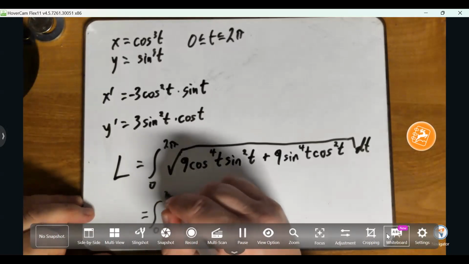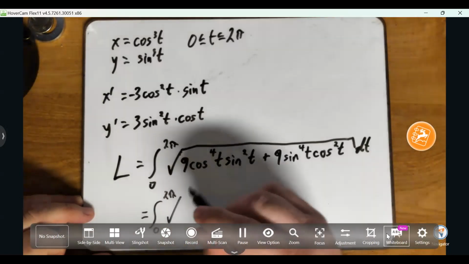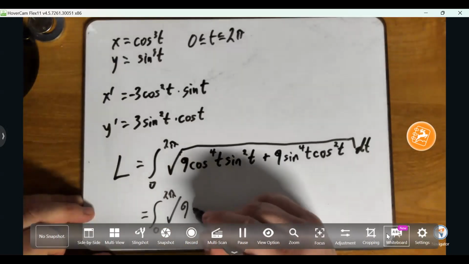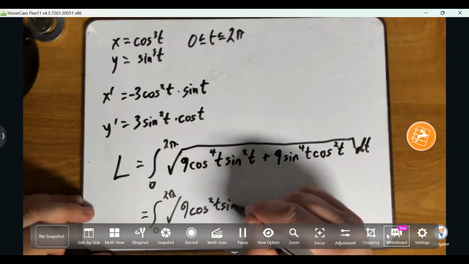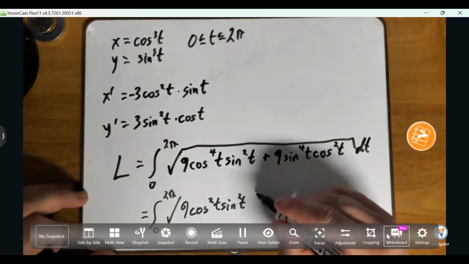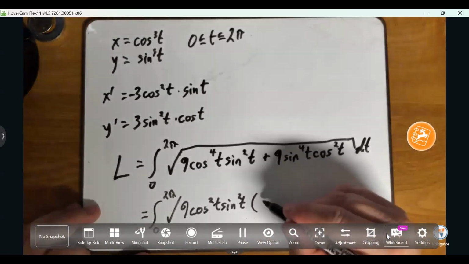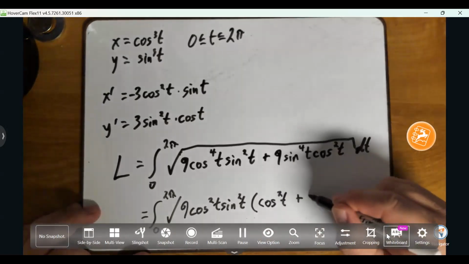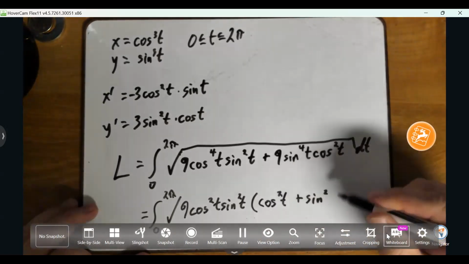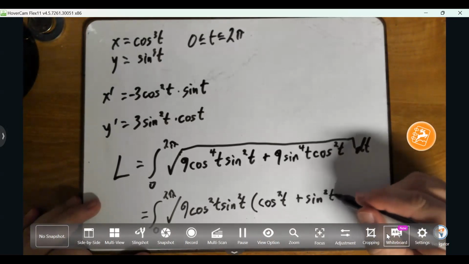And so under the square root, we can factor out a 9 cosine squared t sine squared t, and then we're left with cosine squared t plus sine squared t.